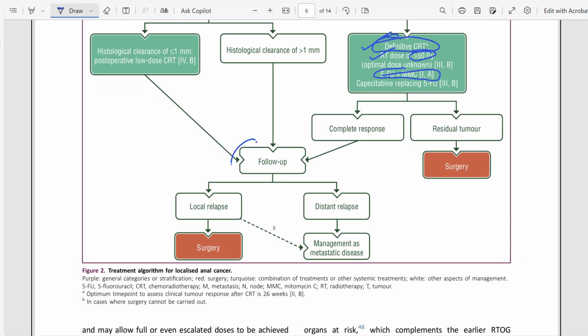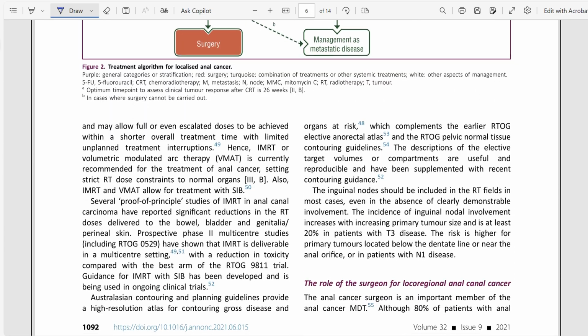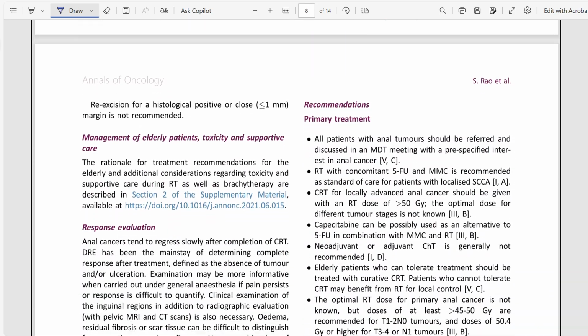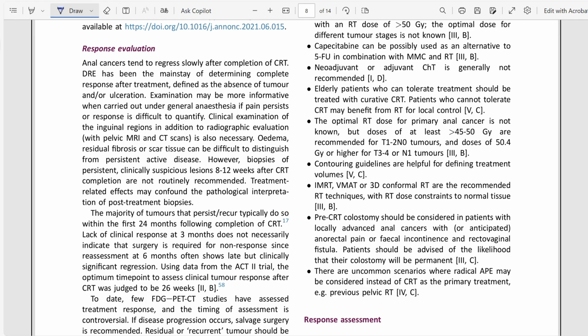Then we do follow up, and the follow up duration is very important because anal cancers take a long time to respond, up to 26 weeks. You give the patient CTRT, and the lesion doesn't disappear. Some repeat a biopsy after 8 to 12 weeks, but they don't recommend repeating biopsies then, because it may confound the pathological interpretation.